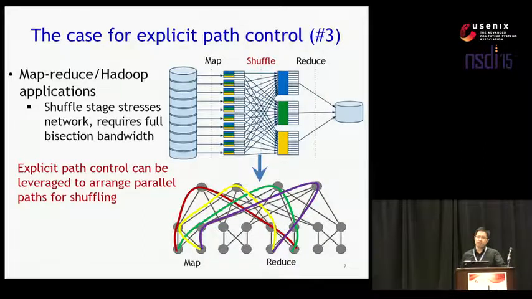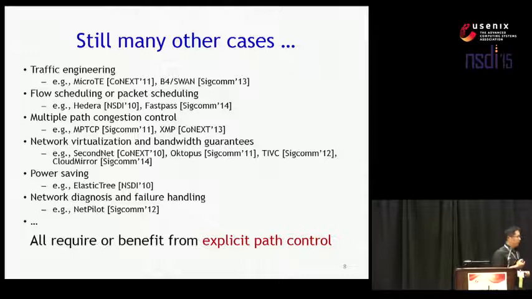Besides these concrete examples, there are many other cases where explicit path control is very necessary or beneficial. For example, traffic engineering, either intra-data center traffic engineering such as MicroTE, or inter-data center traffic engineering like B4 or SWAN.